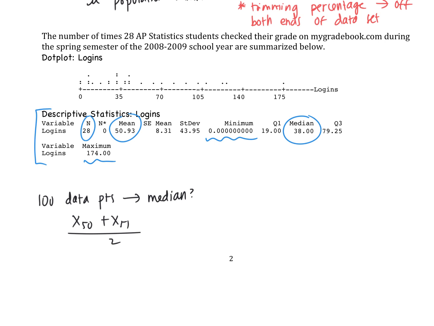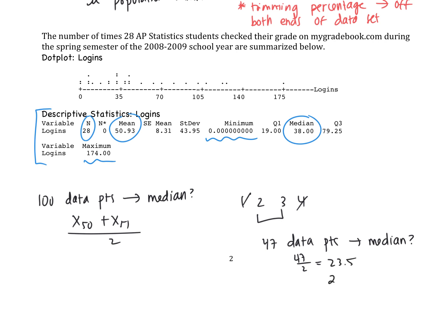I cannot. So what I always do is I think of a smaller data set. So that's an even number, and I see, okay, I'm going to need the two in the middle. Whereas if we had, let's say, 47 data points, where would the median be? Divide 47 by 2, and you get 23.5.